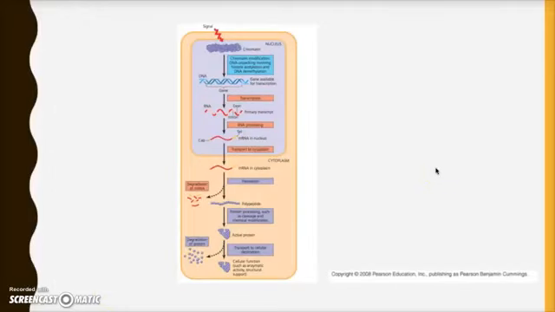The last thing I want to say about gene expression is that some of these gene regulations happen inside the nucleus, such as the modification of chromatin, transcription initiation, and RNA processing, and the rest of them, such as degradation of mRNA, translation initiation, and post-translational regulation, happen in the cytoplasm.